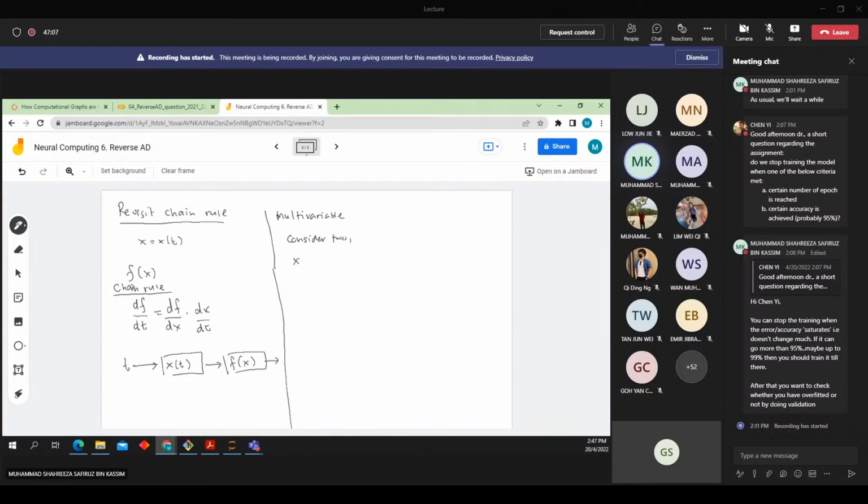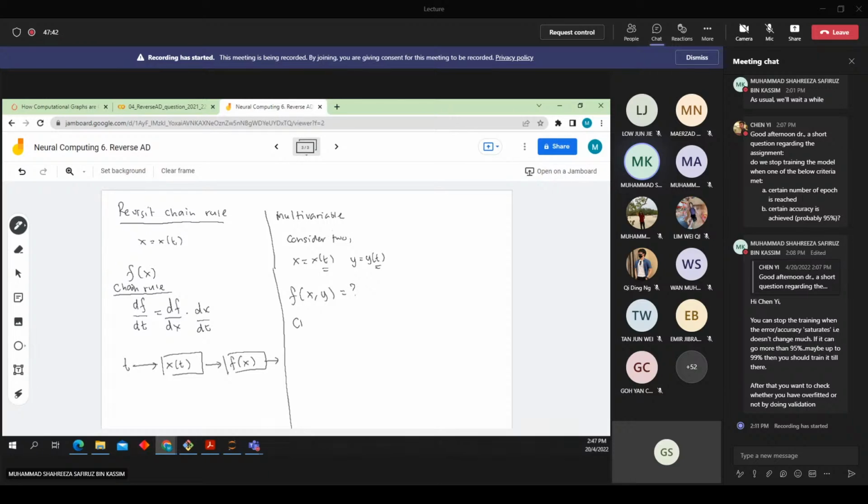You have x, which is a function of t, and y, which is also a function of t. The rule is that they must both be functions of the same variable. If x is a function of t and y is a function of, say, u, then it doesn't work. Then you have f, which takes the function of x and y. Of course, we don't know what this equation is.